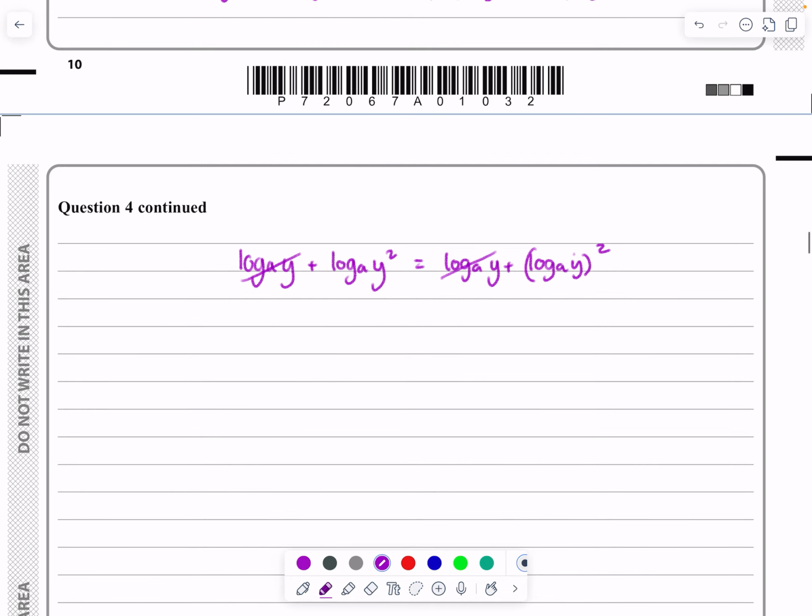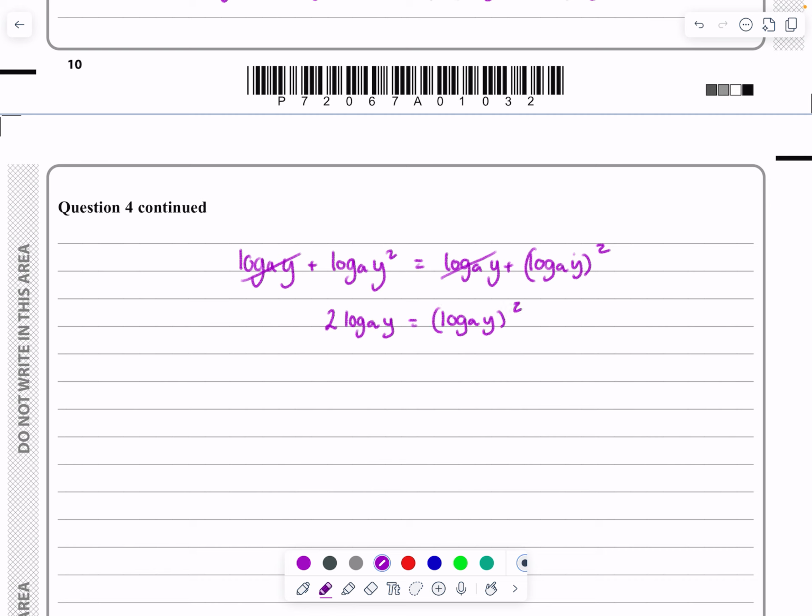This log a to the y squared, this part here, that's using another of our log rules, which is if I've got log a to the n, that's the same as n log a, the power. Well, that can come down here and just be made simpler to that. So if we do that with this left-hand side, I'm going to get 2 log a y equals log a y squared.